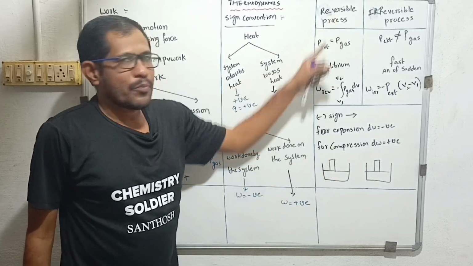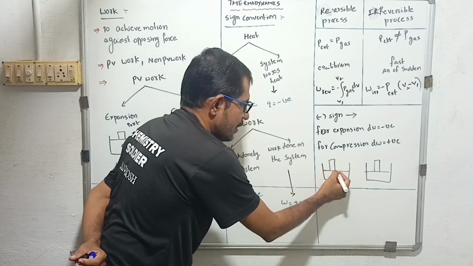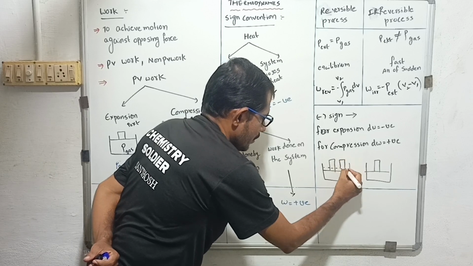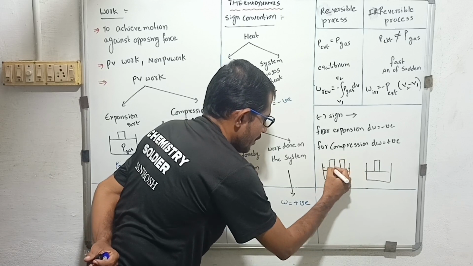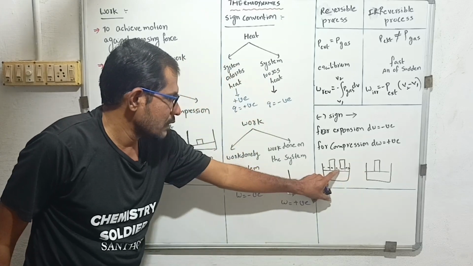So a reversible process means, suppose the piston is moving from here to here. Observe carefully: the piston is moving from this place to this dotted line.